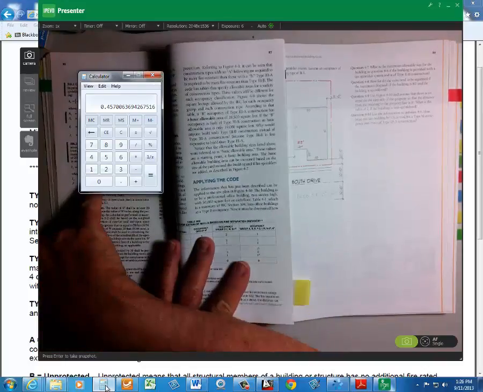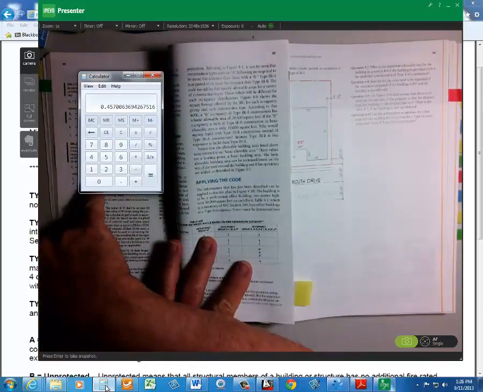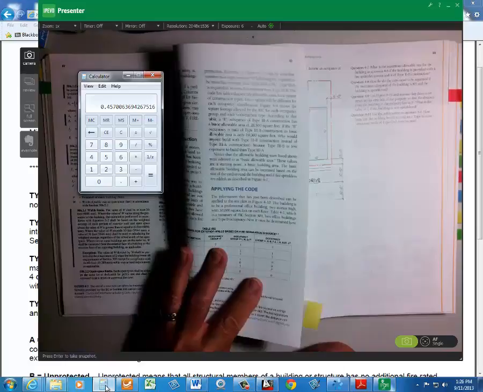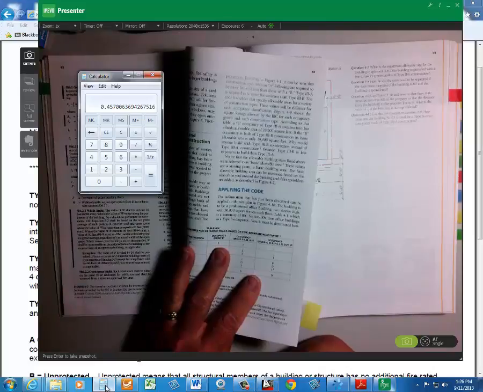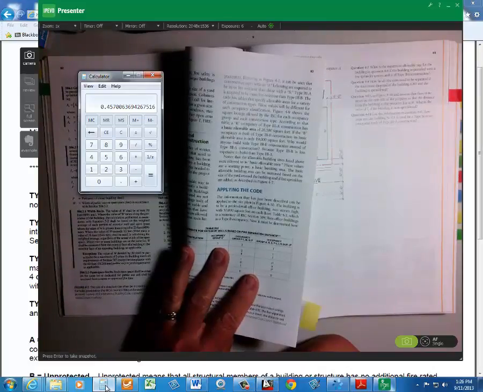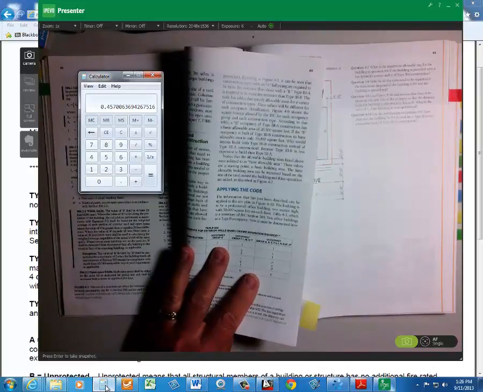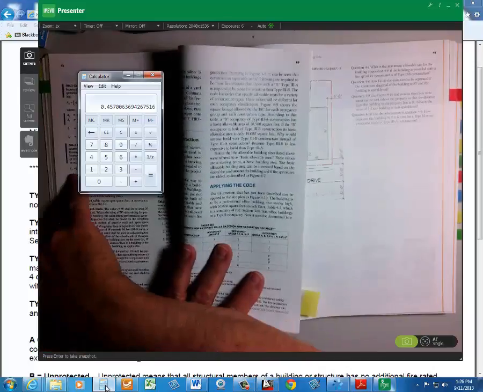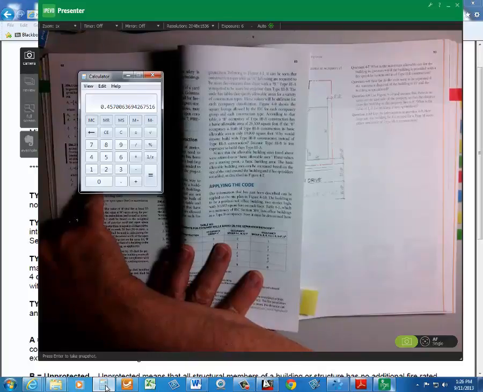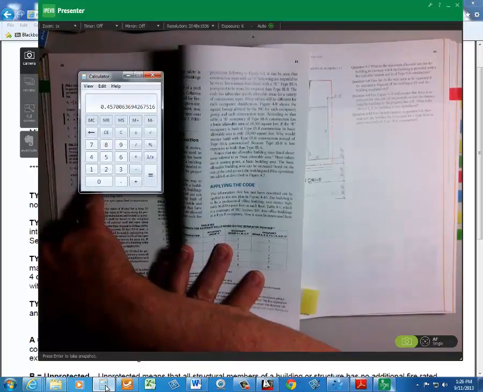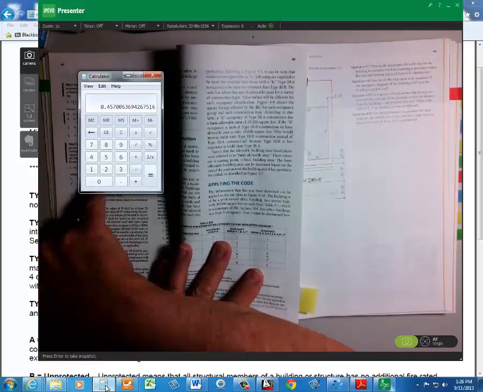And then we multiply that times W, width of the public way or open space in feet, in accordance with 506.2.1. In that formula, I do inside the brackets first, and then do my division. So I divide W by 30.